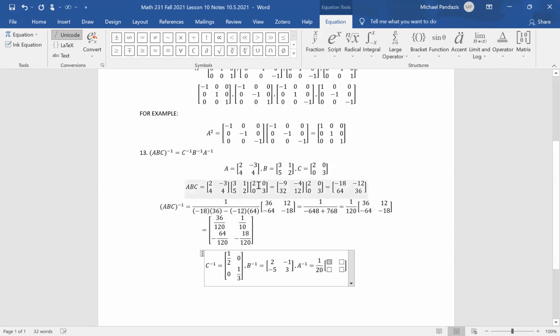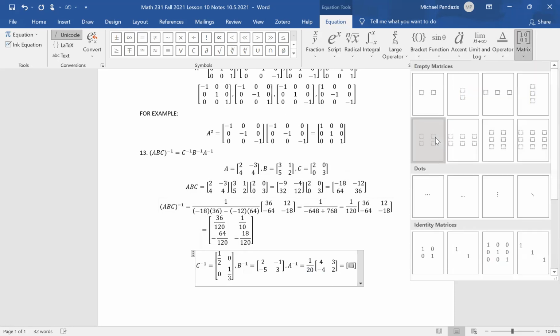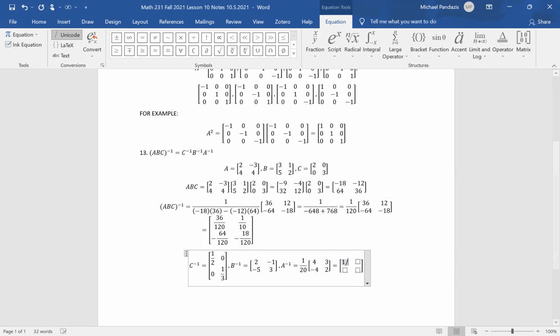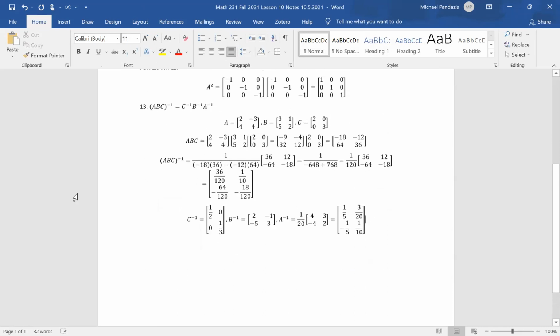Now you switch the entries in the main diagonal of A. You negate the off diagonal entries. So you have 3, -4. So you have 1/20th of that. So if you take 1/20th of that, then you get 1/5. You get 3/20ths. You get -1/5 and 1/10. So now that's A inverse, B inverse, and C inverse.